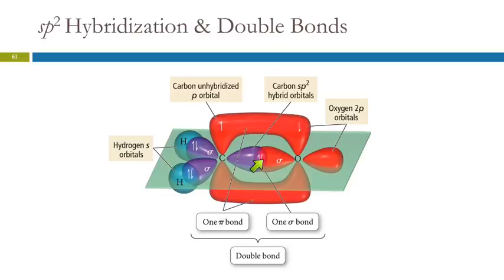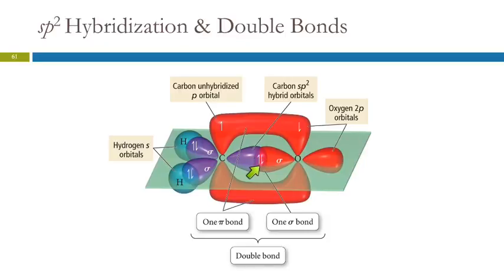This end-to-end overlap is called a sigma bond. And the Greek letter sigma is a lot like an O, right? And if you look from this carbon to the oxygen, what would that bond look like? Those 2 round balloons overlapping end to end. It would look round, right?